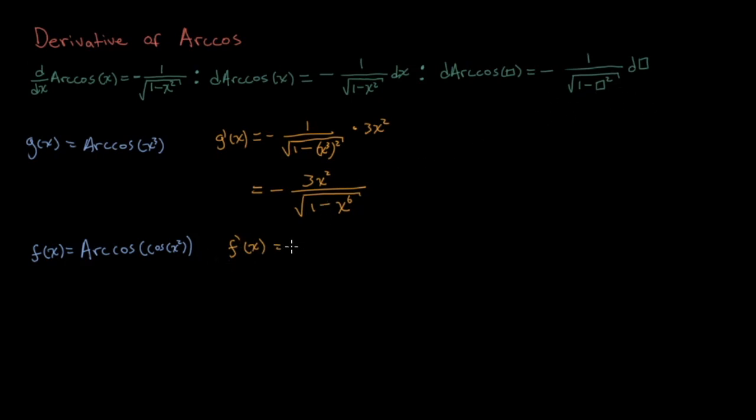So what we're doing is we're going to go negative 1 over the square root of 1 minus, whatever this is. What's this term here? Well, as it turns out, this term here is cos x squared. So 1 minus cos x squared, and then we're going to square all that.